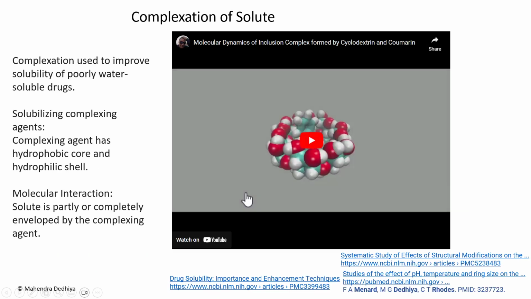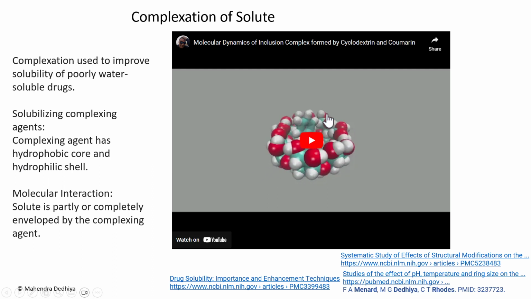Complexation. Beta-cyclodextrins are well known and they're used to increase solubility by complexation. We published the effect of cyclodextrin ring size, effect of pH and temperature in complexation. Complexing agent has a hydrophobic core and hydrophilic shell.